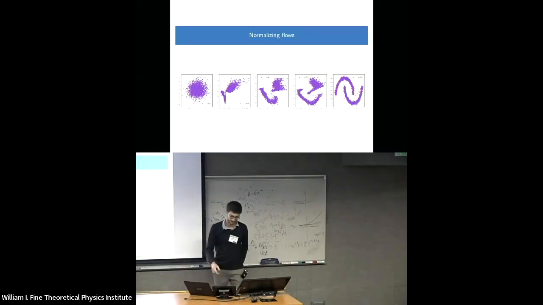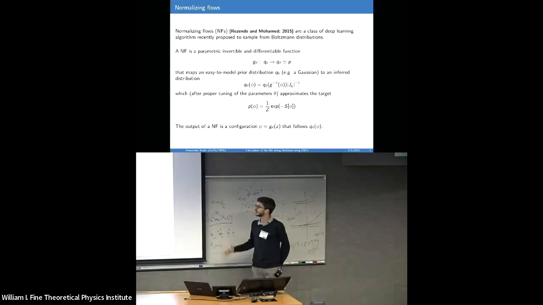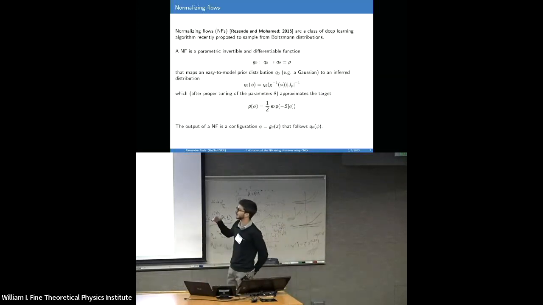Now let's look at some formulas first. This is pretty recent and also has been applied in lattice field theory in the last few years. I will comment on that later. So it's a class of deep learning algorithms.